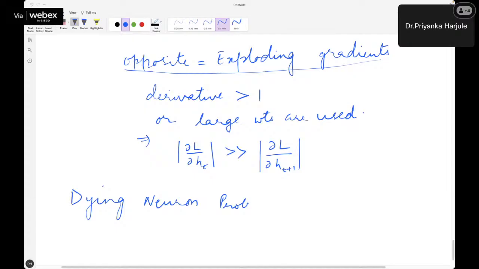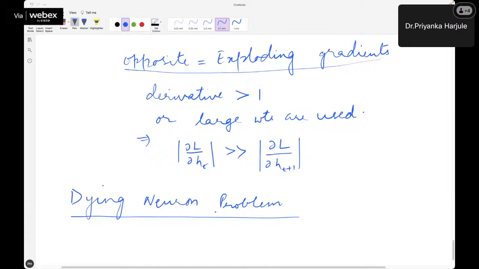Dying neuron problem with ReLU. ReLU of x is equal to x if x is greater than 0, and 0 otherwise.